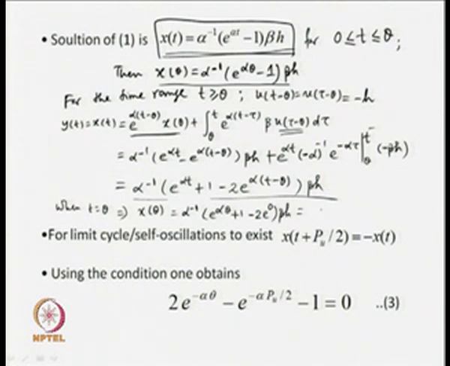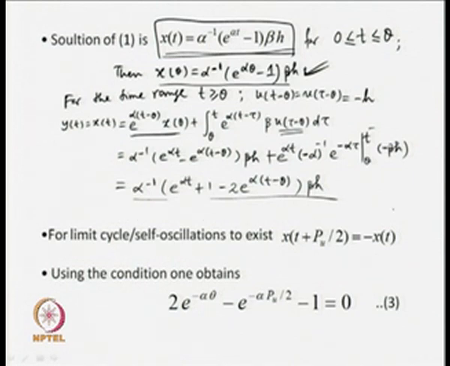This is nothing but alpha inverse (e to the power alpha theta minus 1) times beta h, which we have obtained earlier. Therefore, the expression we have obtained for the time range t greater than theta is correct.